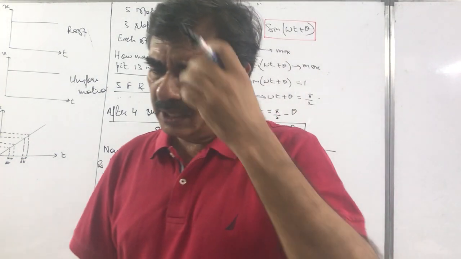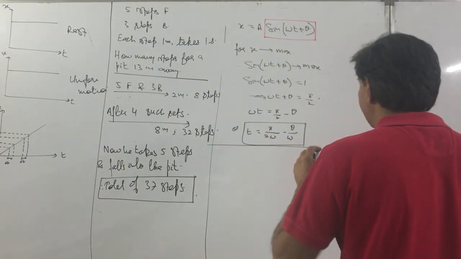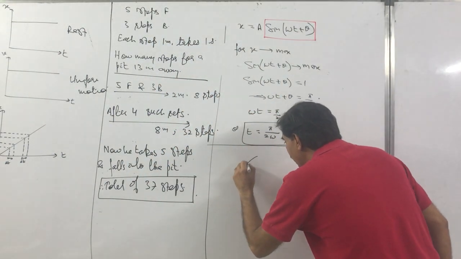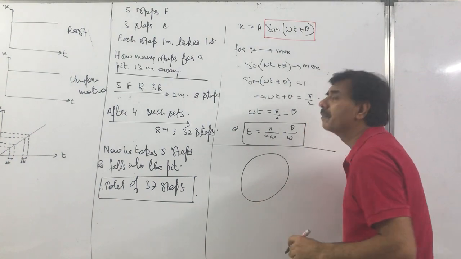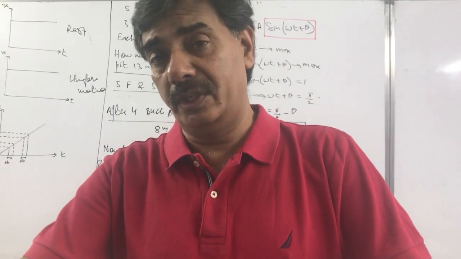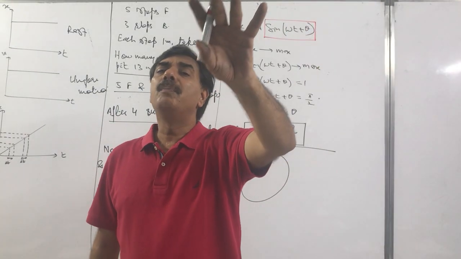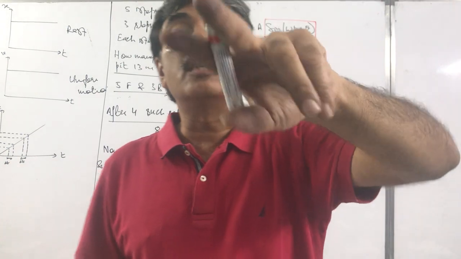Okay, another one that some students have asked me, a very good question, that there are 2 particles which have equal and opposite velocities and they are a fixed distance apart. Just imagine 2 particles, equal and opposite velocities.